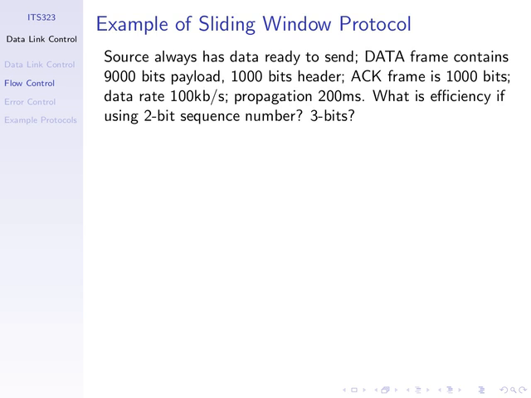ACK is 1,000 bits. Transmission time with a data rate of 100 kilobits per second. What's the transmission time? With 100 kilobits per second, it's 0.1 megabit per second.